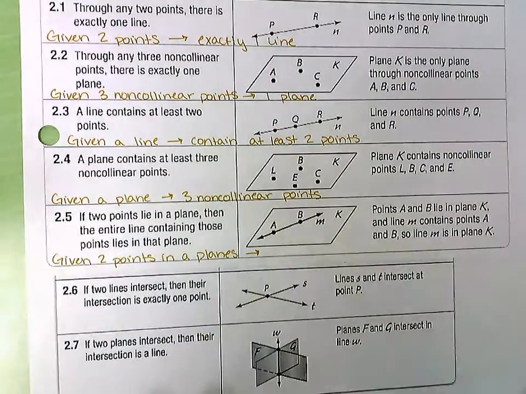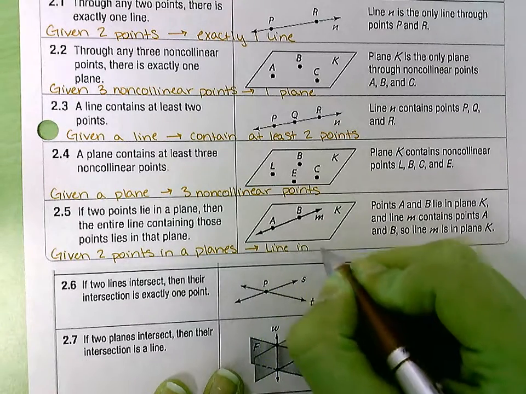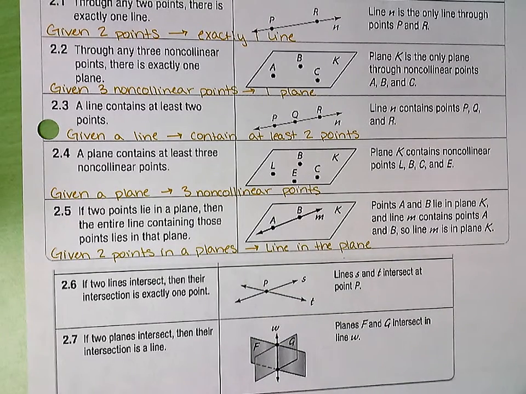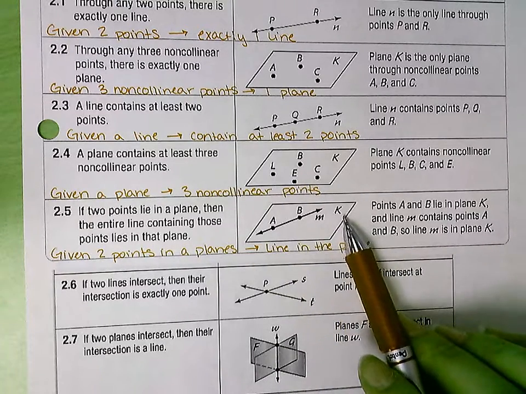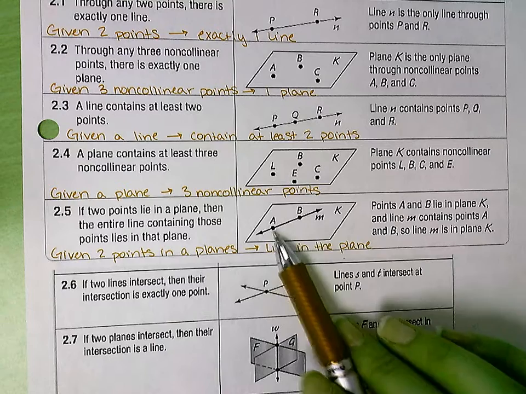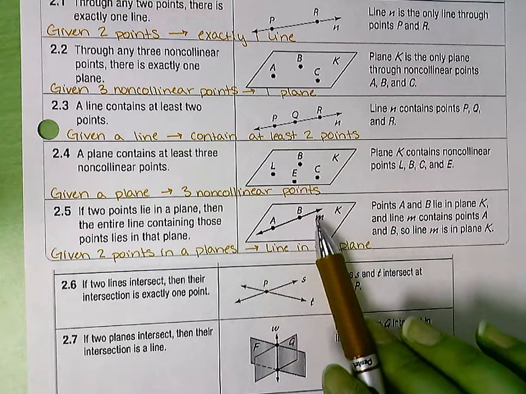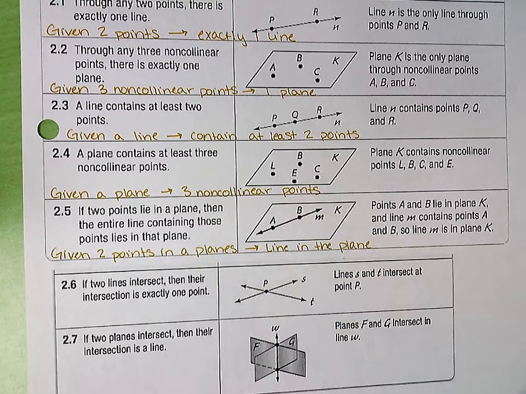Then you have a line in the plane. So points A and B are in plane K. That means there's a line that can be drawn through those 2 points, and that line also lies in that plane.